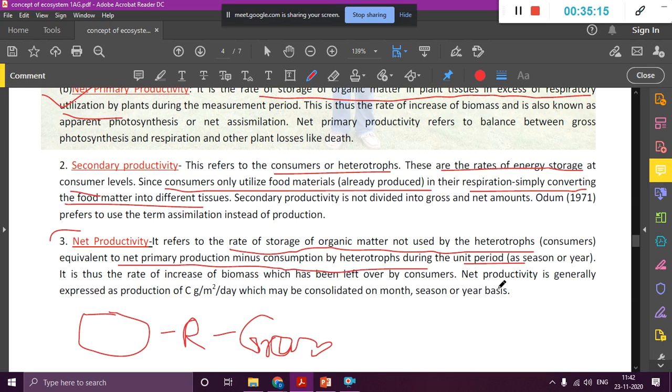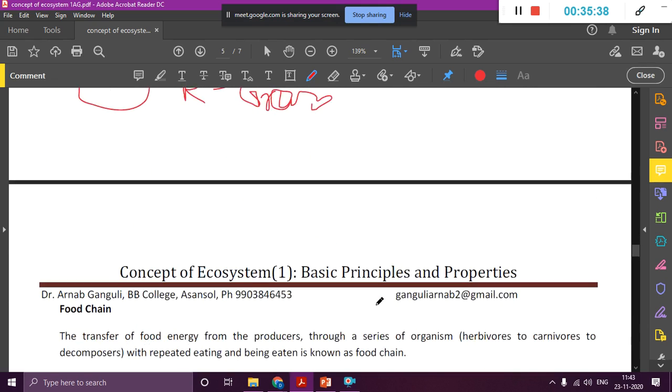So the total amount of energy which is produced by the field, minus the amount of energy which has been taken by the herbivores, minus the total amount of energy which has been taken by the plants itself. So that is the net which is left behind. That is the net productivity.